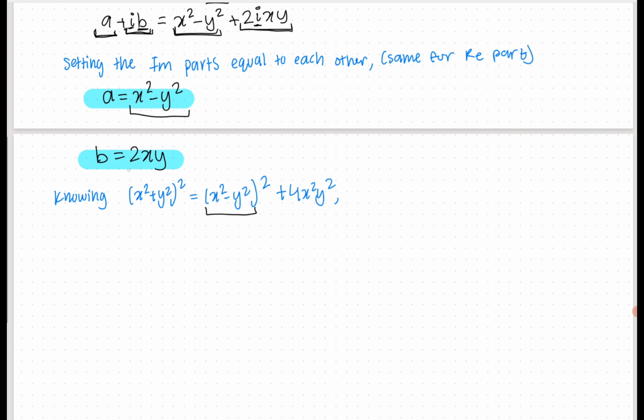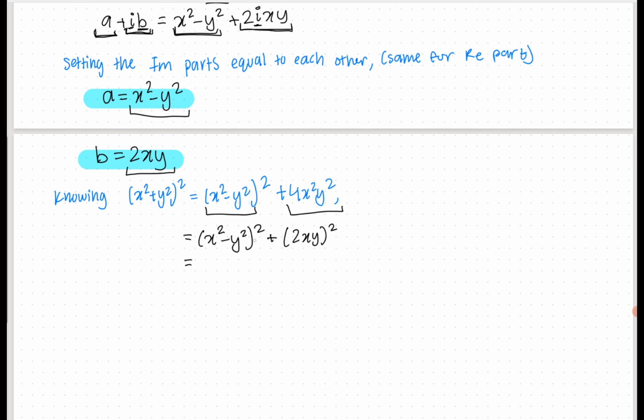We also know 2xy, and here this is basically just (2xy) squared. The left-hand side is just going to stay the same, and we're going to replace whatever we know on the right-hand side.